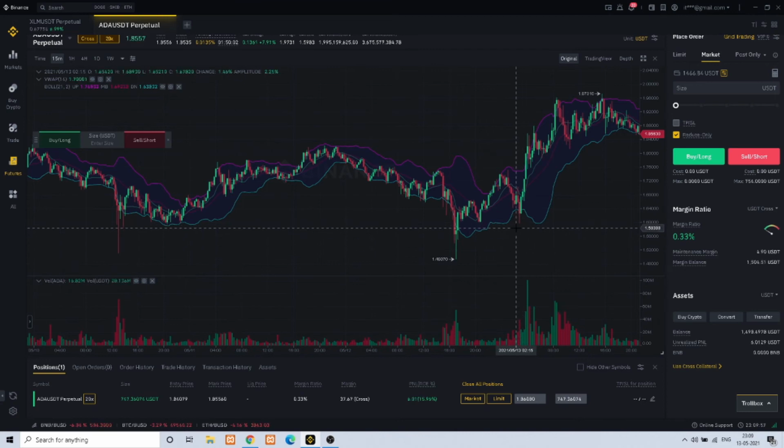That's what counts. So if you are a right trader looking for a high probability setup, you are not going to buy here. You're also not going to buy here.